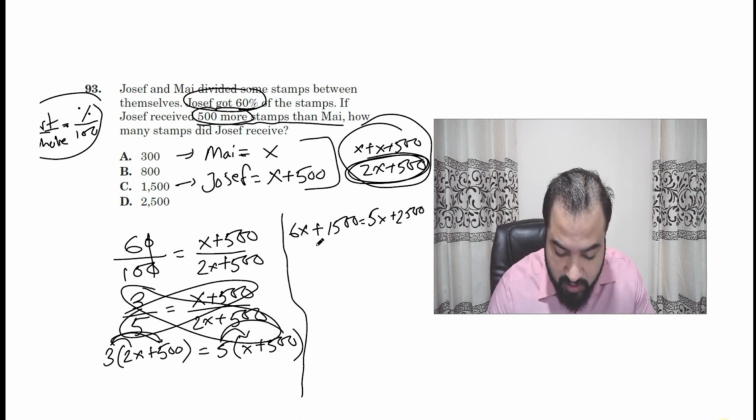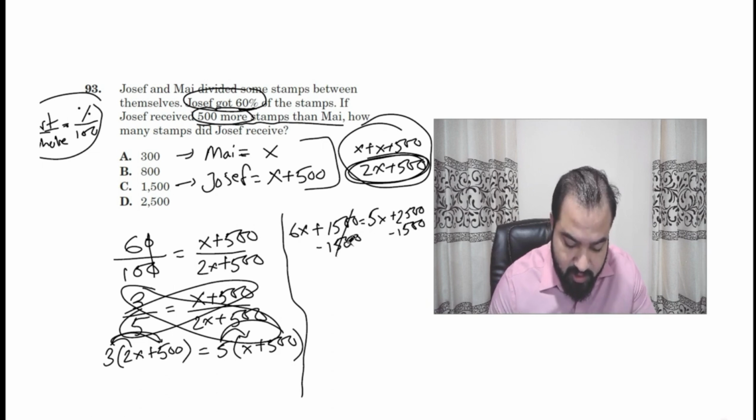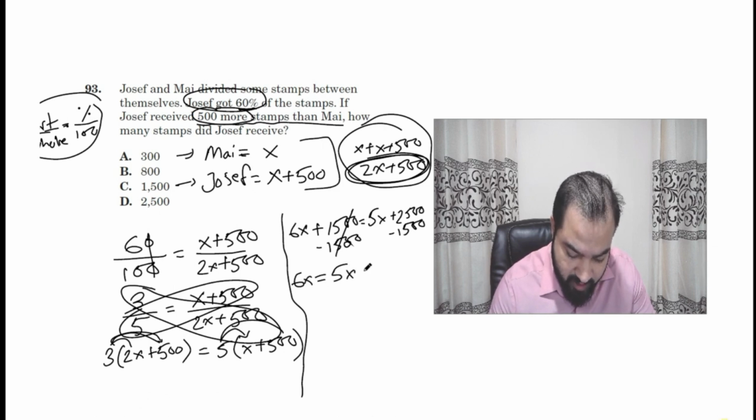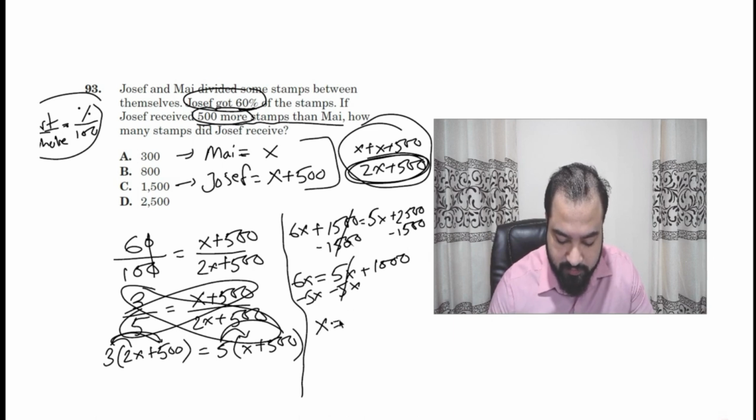Now we can minus 1500 from both sides, so we have 6X equal to 5X plus 1000. Now we can minus 5X from both sides. It's just solving an equation. So X equals 1000.